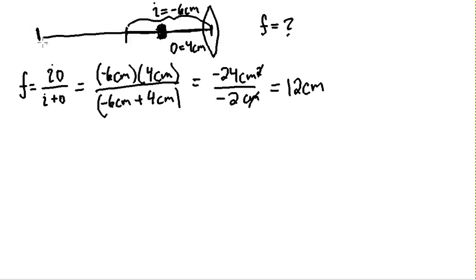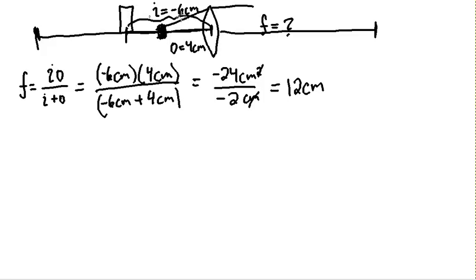But that would be the negative focal length. That would be for a concave lens. The focal length for, they call them positive lenses in your books, but for a convex lens is always on the opposite side of the lens. So even though the image is formed behind it, this object looks like it's coming from back here because of the way that the light rays bend. They're going to appear as if they're coming from back here.